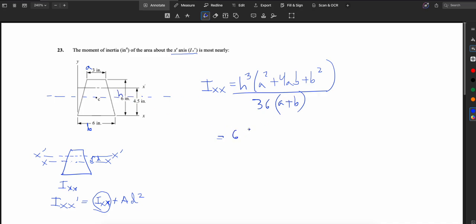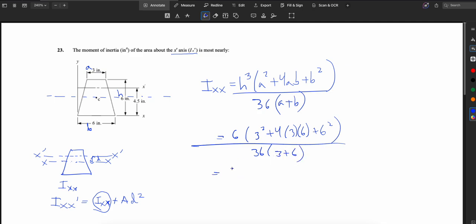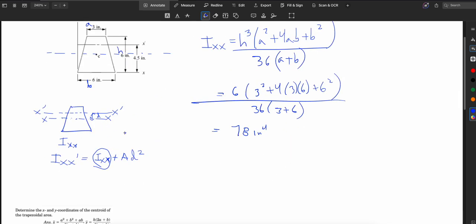So we get 6 times 3 squared plus 4 times 3 times 6 plus 6 squared, divided by 36 times 3 plus 6. That will give you 78 inches to the fourth as your Ixx.